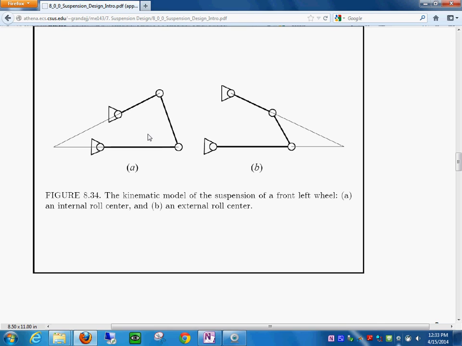So in this case, A produces an internal roll center depending on the length of the linkages, and B will produce an external roll center. So this is why I'm saying the mechanism that we work on in Working Model 2D can be really helpful for this.